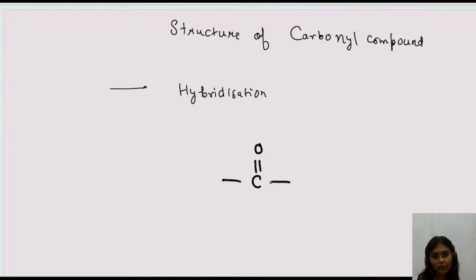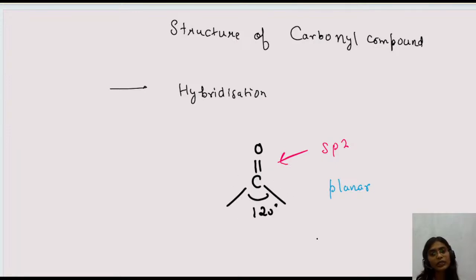Any group can be there, but what is important is the C=O. In this case, obviously this is a double bonded carbon, so it is going to be sp2 hybridized. If this is sp2 hybridized, definitely the structure should be planar in nature. Better to write it like this, and then the bond angle is 120 degrees.